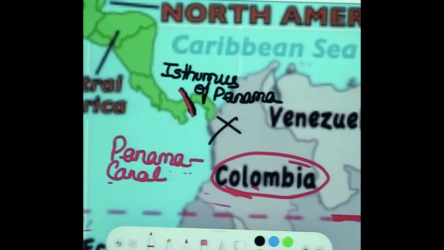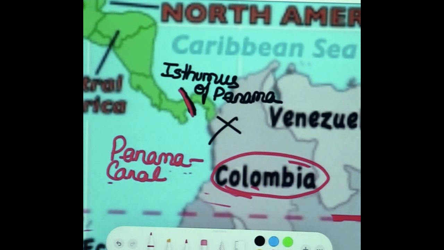Let us take this point of clarity as the third important fact in our introduction to the map of South America. Fact 1. Panama is a Central American country. Fact 2. Panama shares an international boundary with Colombia.